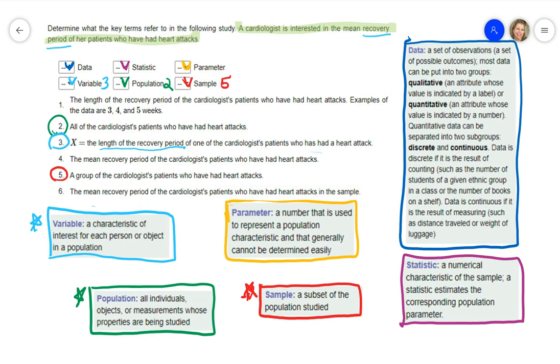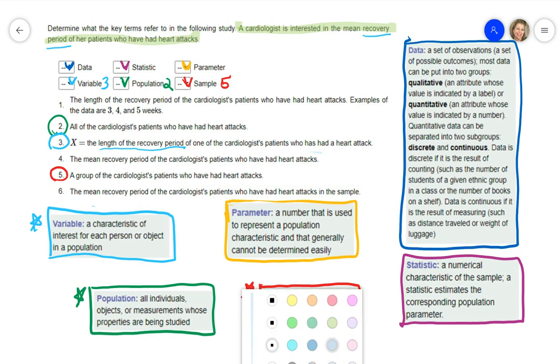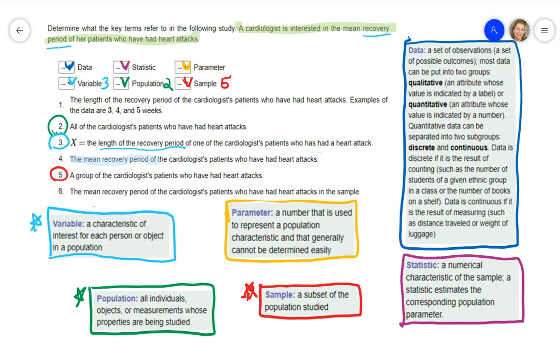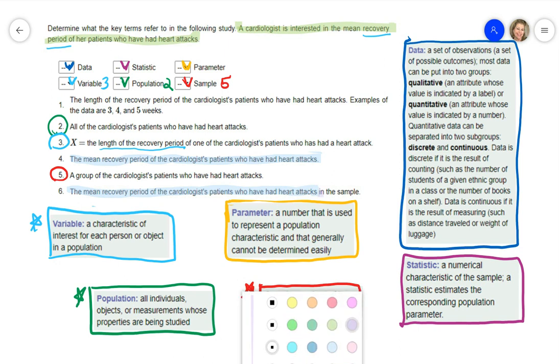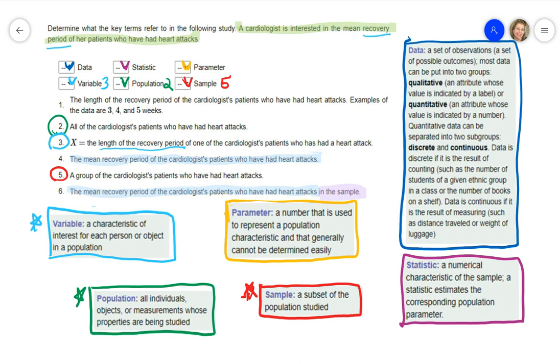Now, if we look at number 4, it says the mean recovery period of the cardiologist's patients who have had heart attacks. But then when you go down to number 6, the mean recovery period of the cardiologist's patients who have had heart attacks, and then they add on to that in the sample.